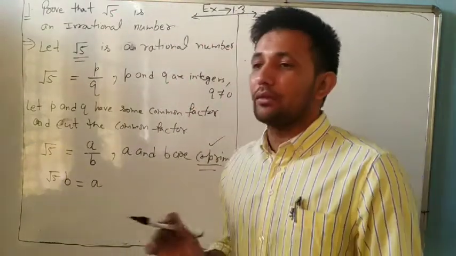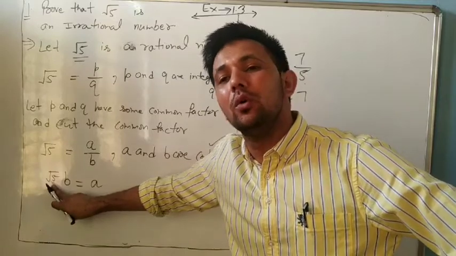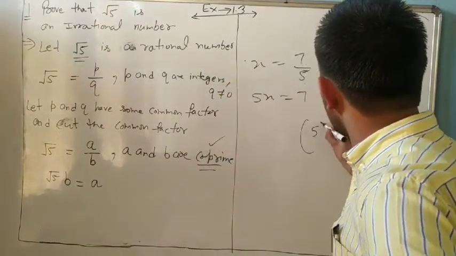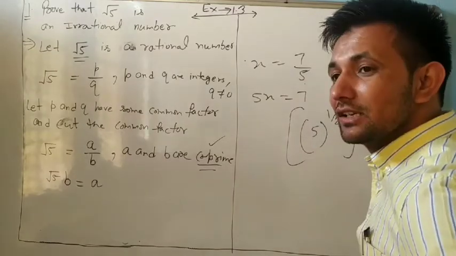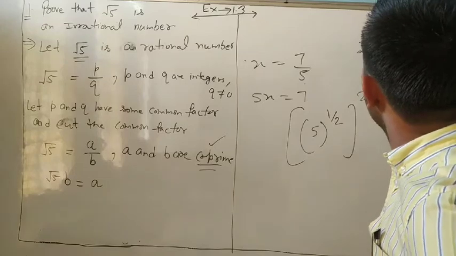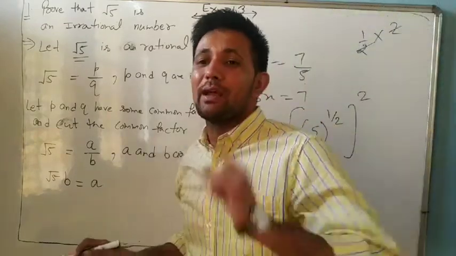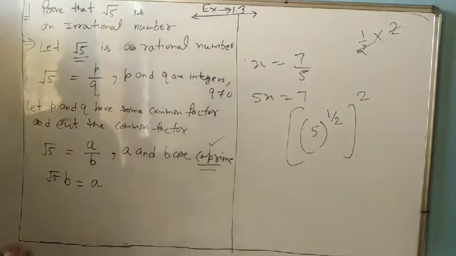And every time if you want to remove a square root, what will we do? How can we remove the square root, which is power 1 by 2? By taking a square, because 1 by 2 multiplied by 2, the 2s cancel, or not? So whenever we want to remove a square root, we take the square on both sides.